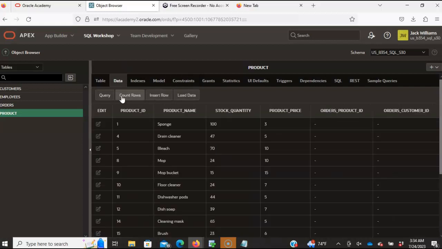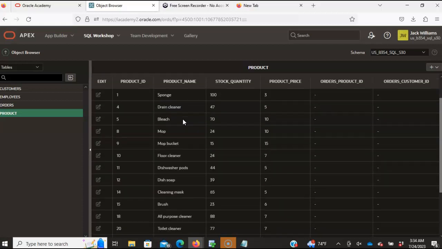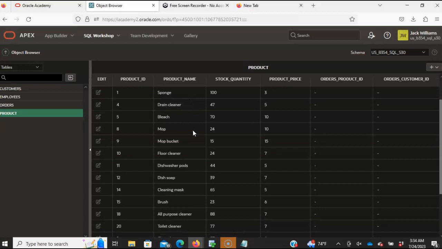So we filled it out. This whole database is supposed to be for a cleaning supplies company. So sponge, drain cleaner, bleach, mop bucket, floor cleaner, and then they each have their own ID, the quantity of each of the things, the stock, and then the price.